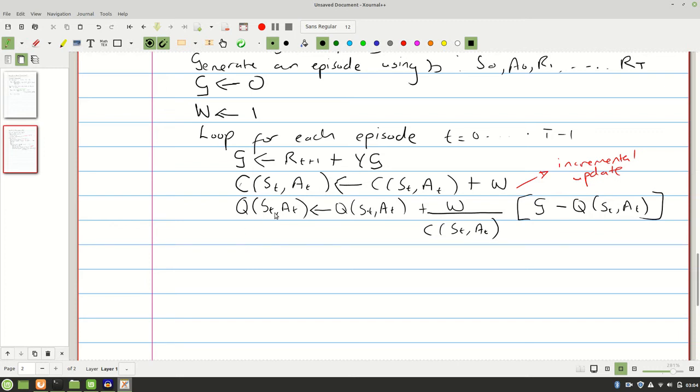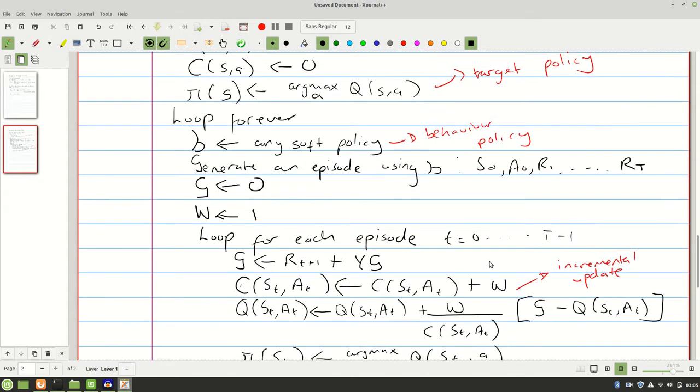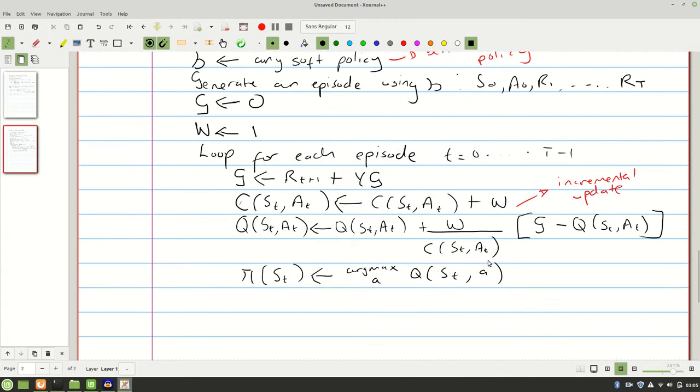Of course, now that we have Q, since we're doing the control problem, we need to look at our target policy. So pi of ST is the argmax over all actions of Q ST, A. This is what we had defined our target policy as.